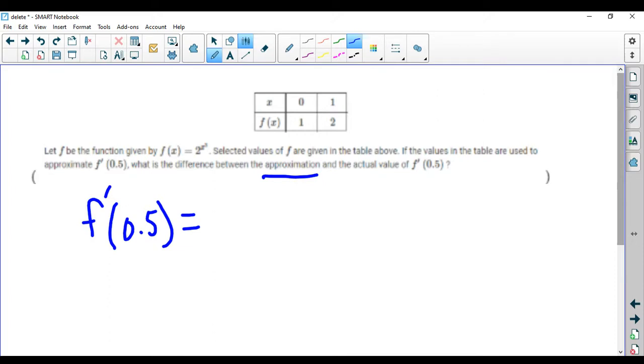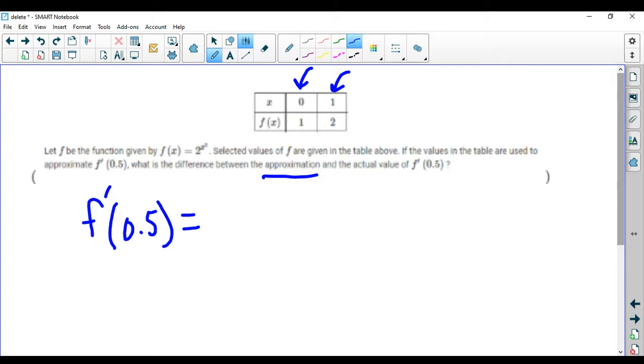So if you look at the chart, they give you 2 points. And luckily, 0.5 is between those 2 points. So if you just figure out the slope, the average slope between 0 and 1, that would be hopefully a pretty good approximation of the slope at 0.5.